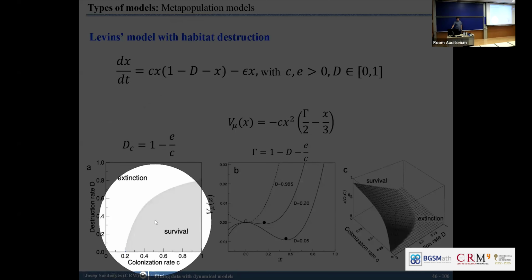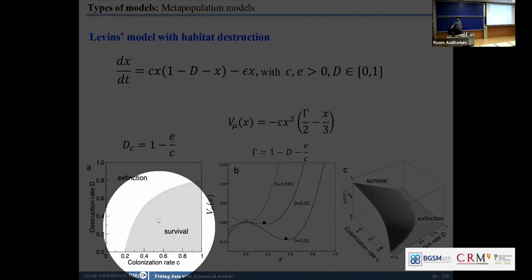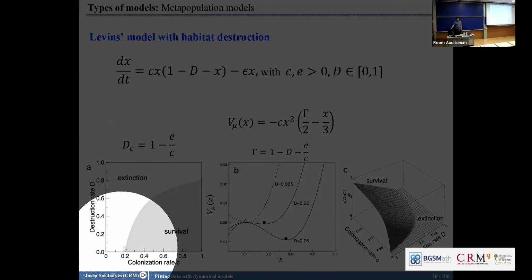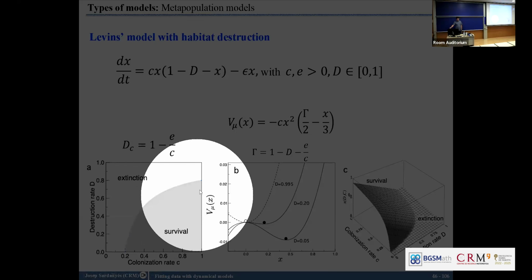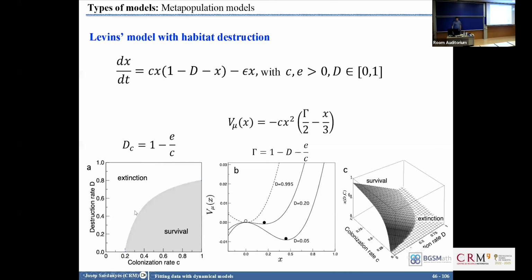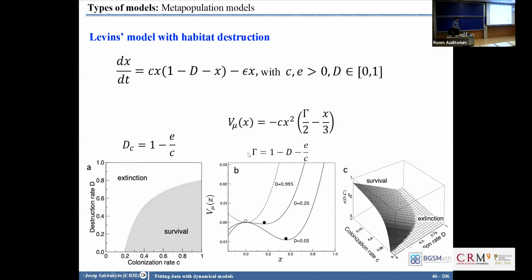So if D is below this value, we have survival. But if D is above this value, we have extinction. And this curve here is a transcritical bifurcation curve. Okay. One thing that we can do when we have one-dimensional systems with ODEs is compute the potential, and it's very easy to compute.